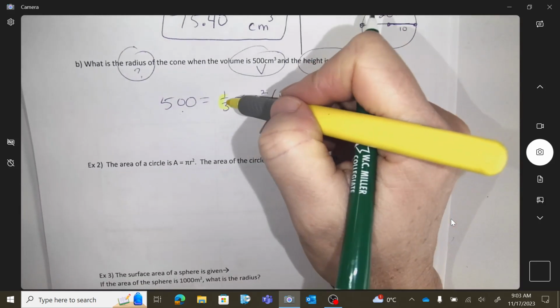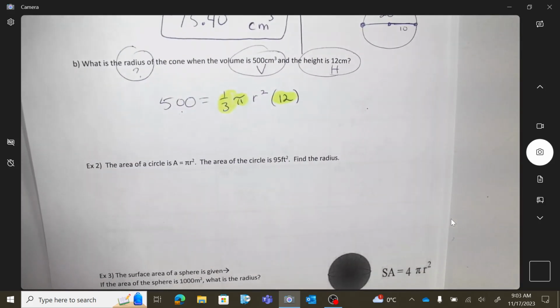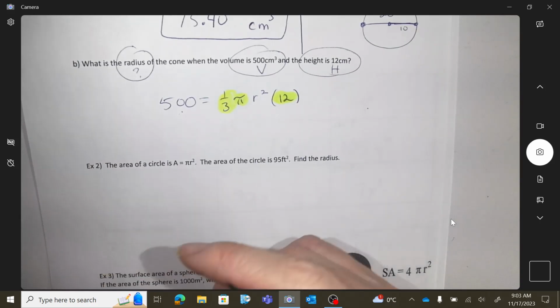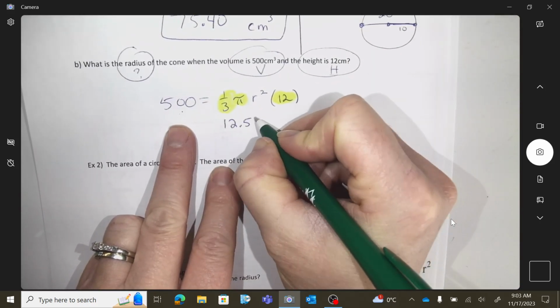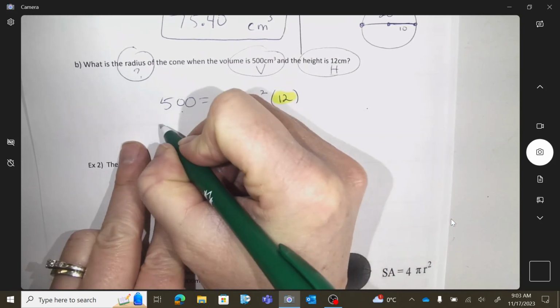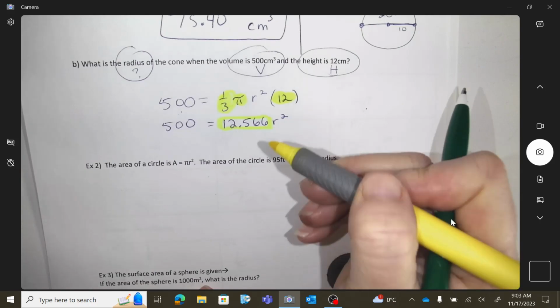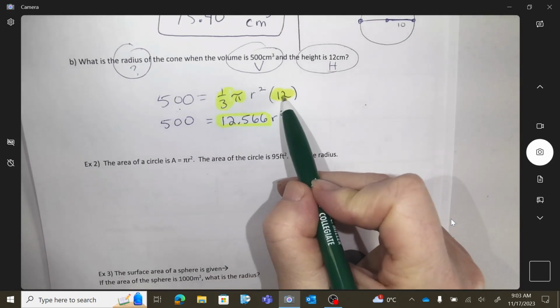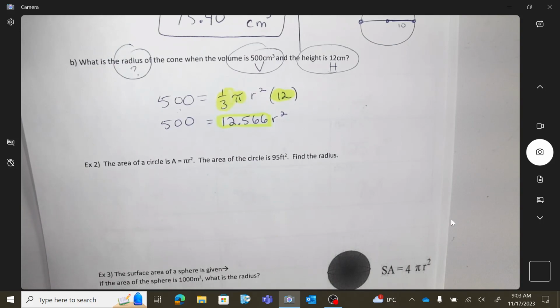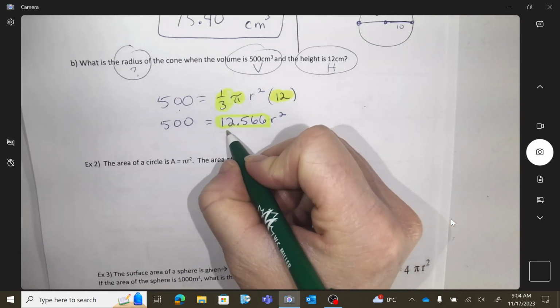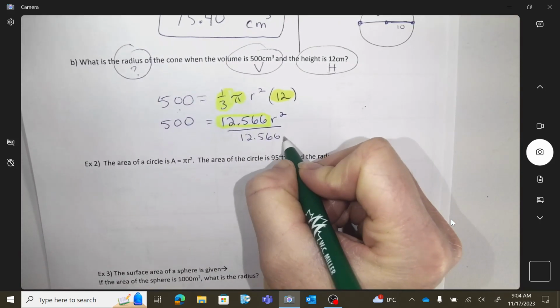Okay, so what I'm going to do is I'm going to plug that all into my calculator. So that times that times that. Are you getting that number? No one's yelling at me, so I'm assuming that you are. Okay, now I'm going to divide, right? This is just algebra stuff.